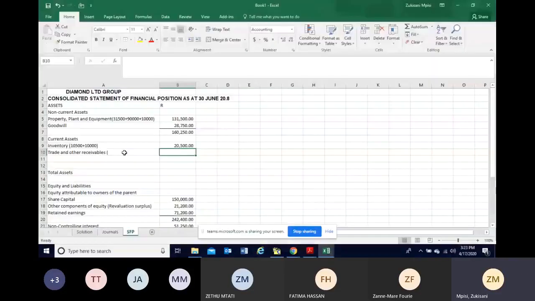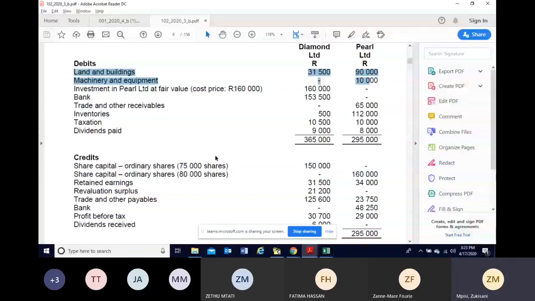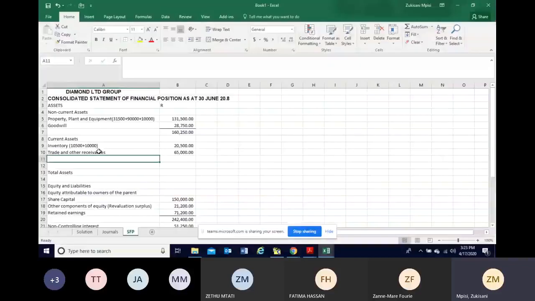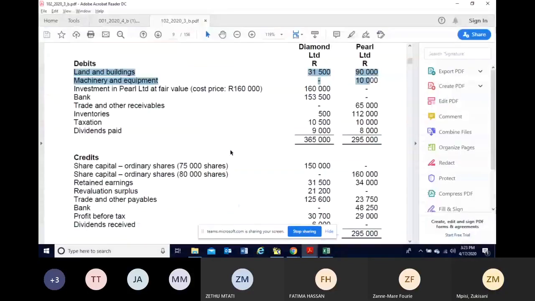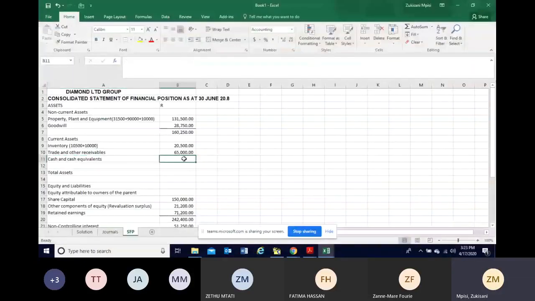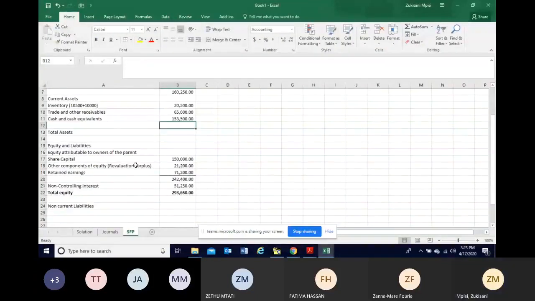That's all that we have, so we don't have to make a calculation. Then we've got bank, called cash and cash equivalents, not called bank. It's 51,500. So we don't have to write how this amount is made up.